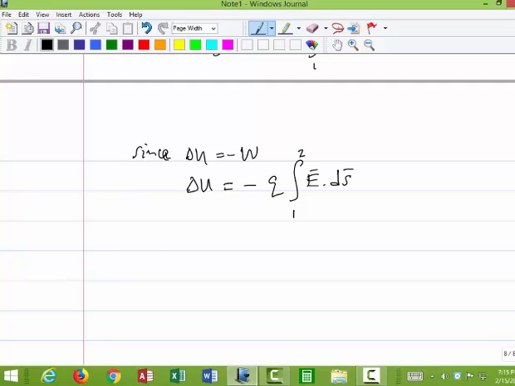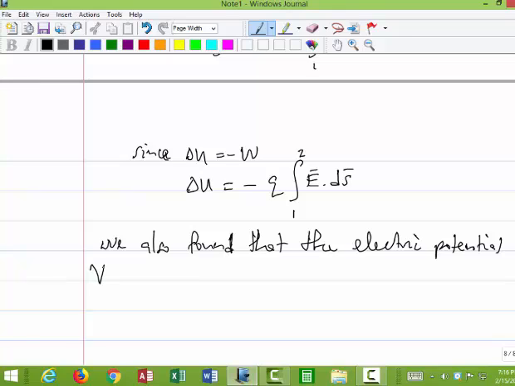And we also found that the electric potential V is defined as follows.